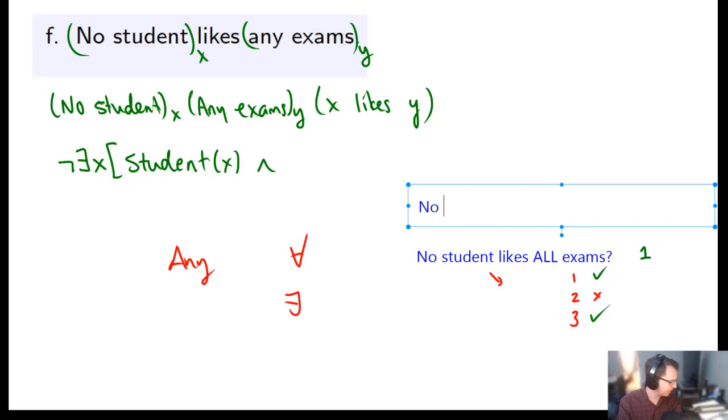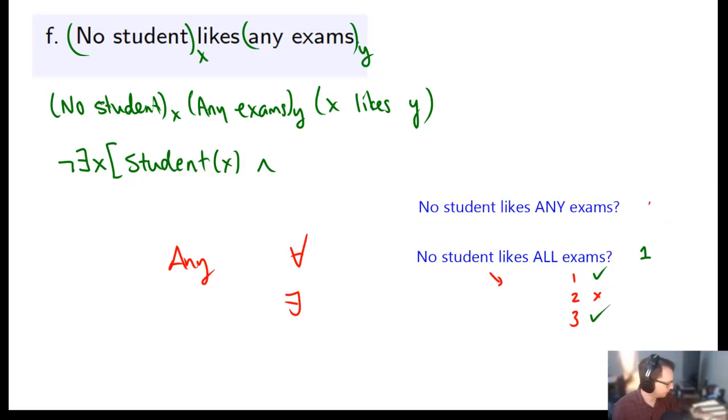But if we think about the sentence, no student likes any exams, well, this should be false because they like exams 1 and 3. So really, our best translation here would be the existential, because they shouldn't like any of those exams at all.